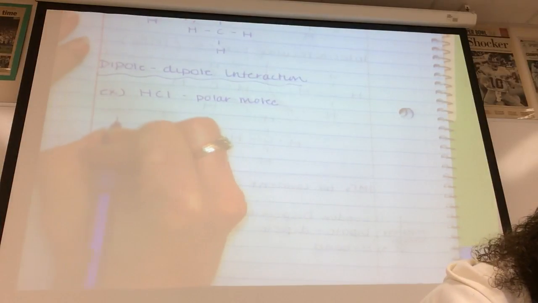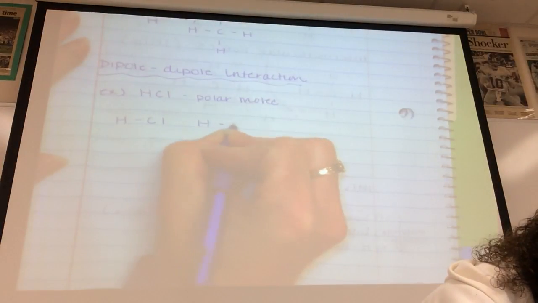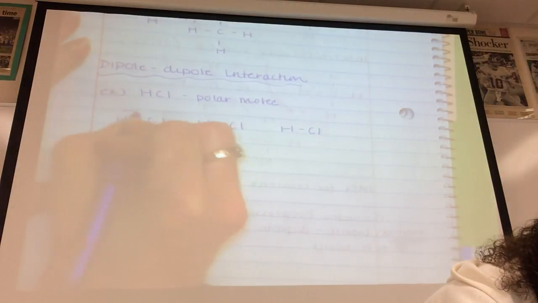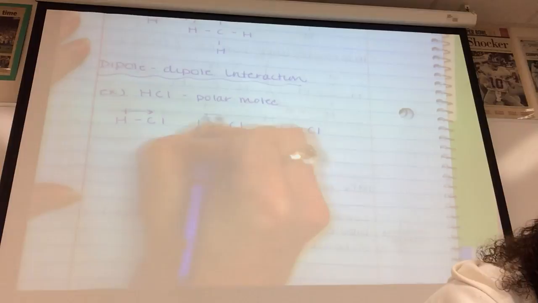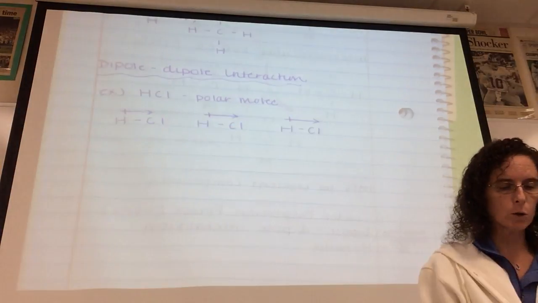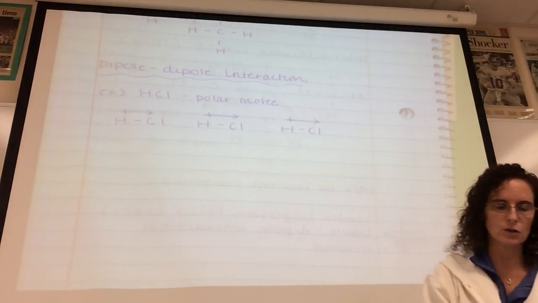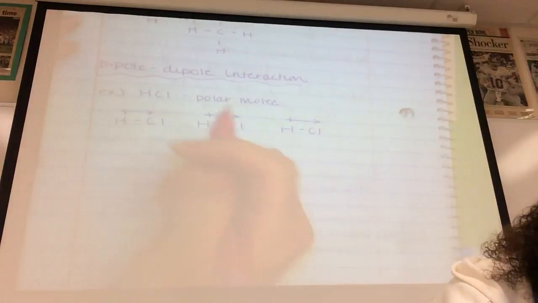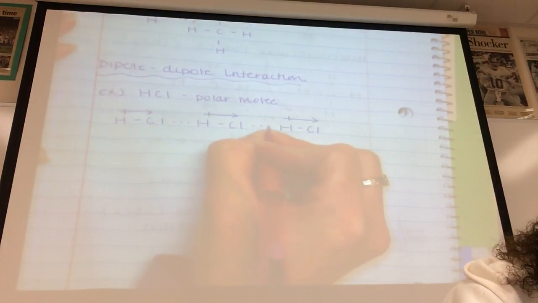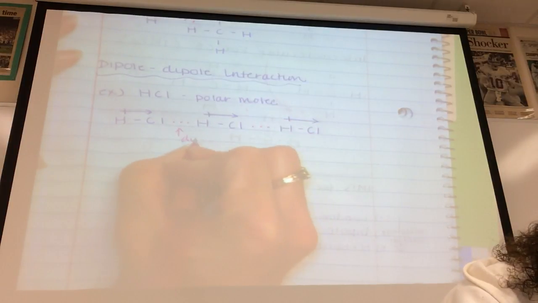And you're going to see this on the next clip, but you find that these molecules align themselves such that the dipoles always point in the same direction. Again, chlorine is more electronegative. It draws the bonding electrons to itself, and there's an interaction between the dipoles, and that is a dipole to dipole interaction.